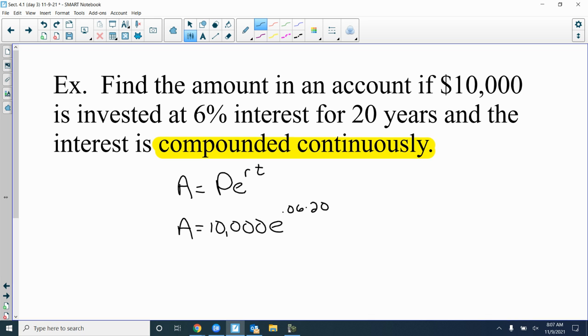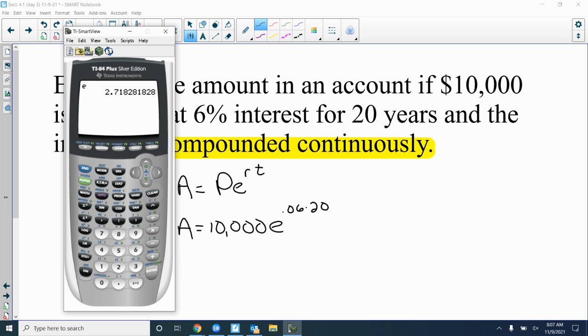0.06 times 20. e shows up in two places on your calculator. On the left-hand side, where it says ln, it will have e to a power. On the right-hand side above division, it just has e. I don't know why it shows up in two different places.